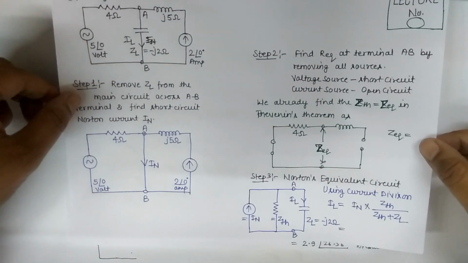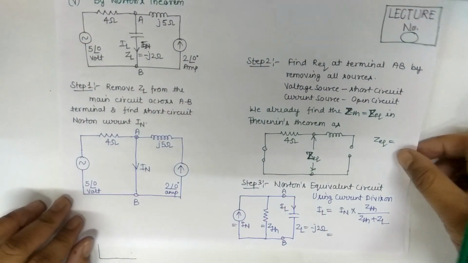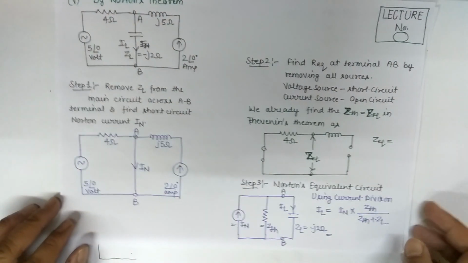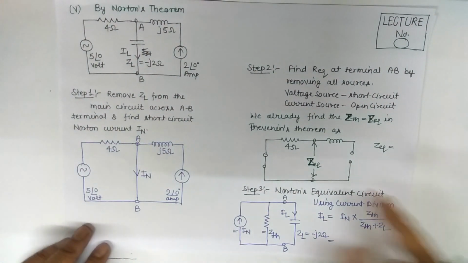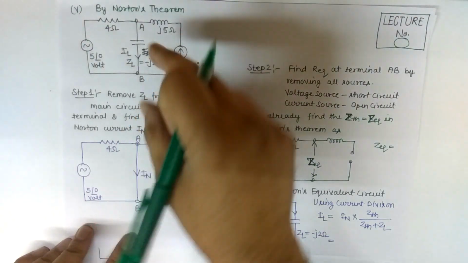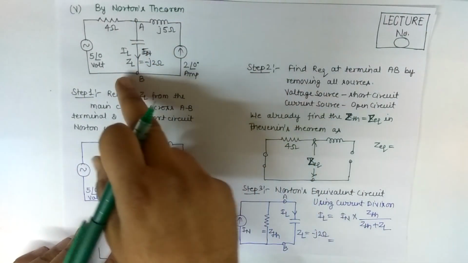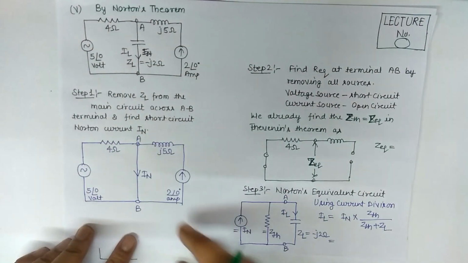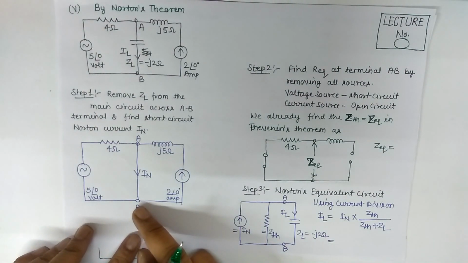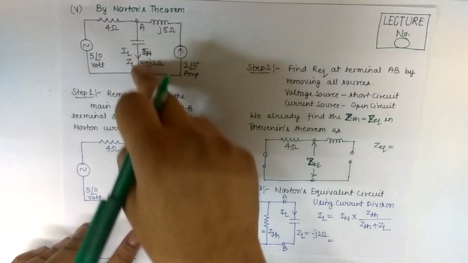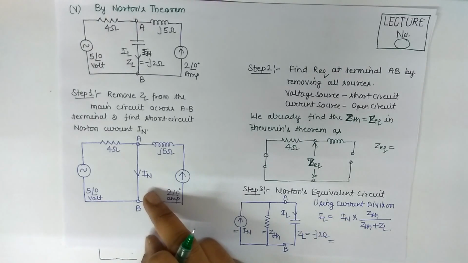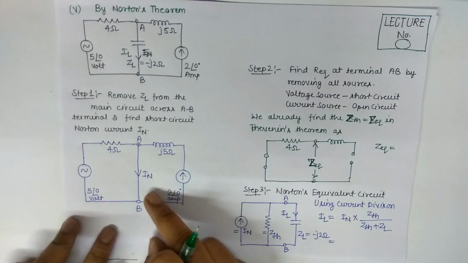So now when we solve this question by Norton theorem, so it is our main circuit. First of all, we remove this branch, that is ZL, from the main circuit, and we take this AB terminal short circuited and find out IN, Norton current.